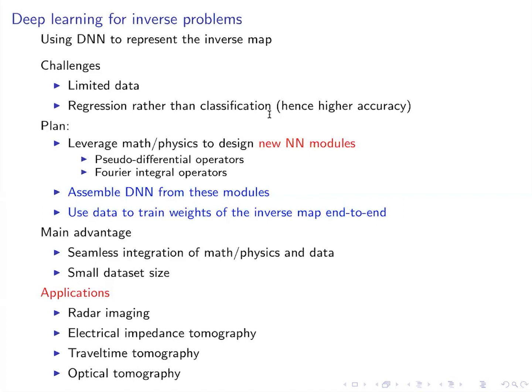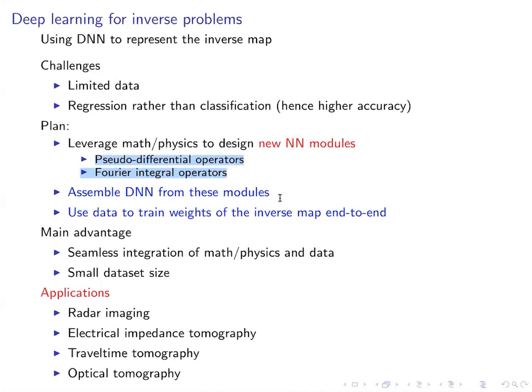vision and AI applications. Okay, so the plan of this talk is the following. In fact, the strategy is the following. We're going to use mathematics and physics and try to design new neural network modules which are appropriate for our inverse problem applications. Two of these operators are the pseudodifferential operator and the Fourier integral operator. I will say a few words about that.